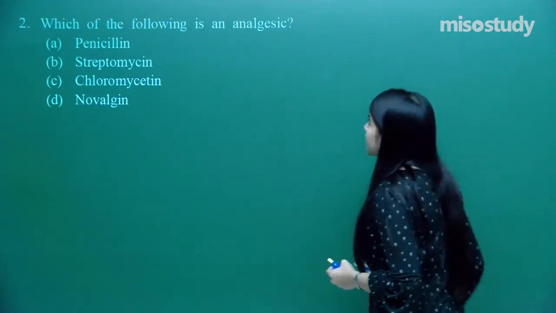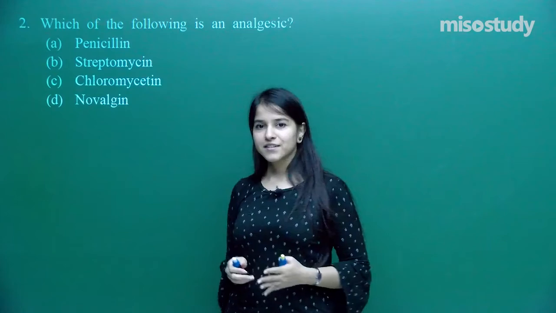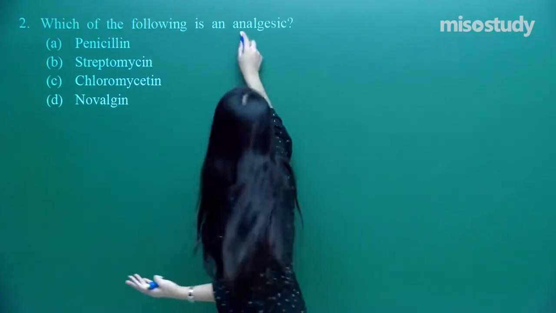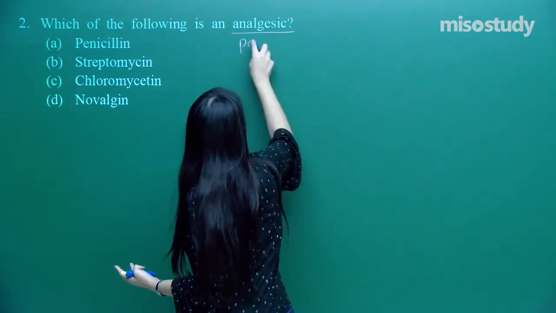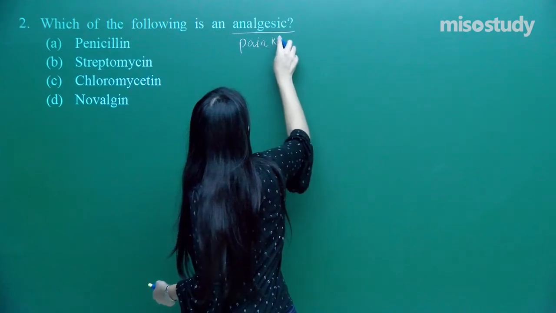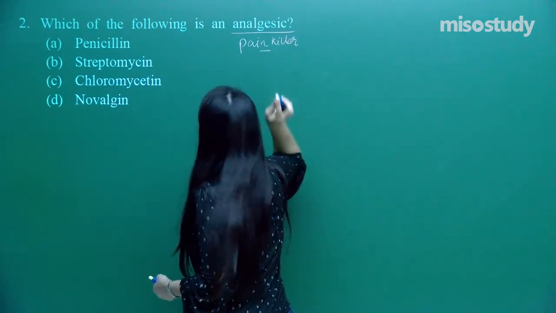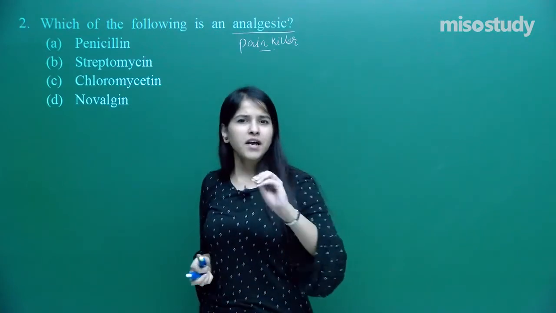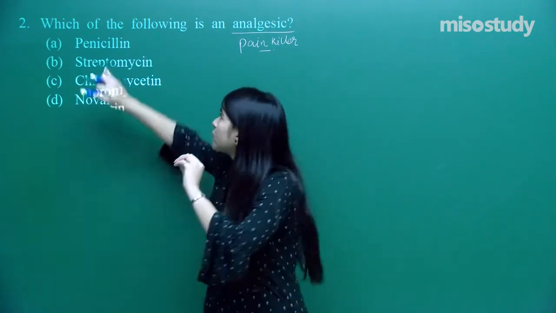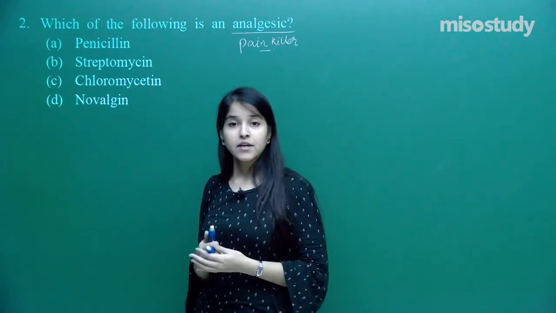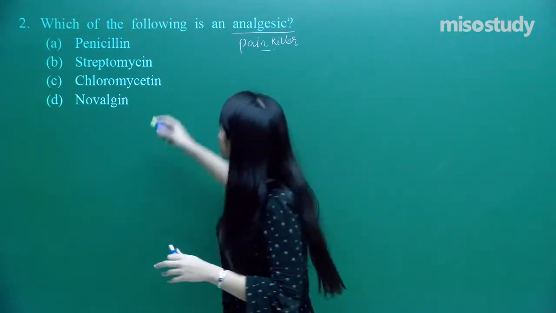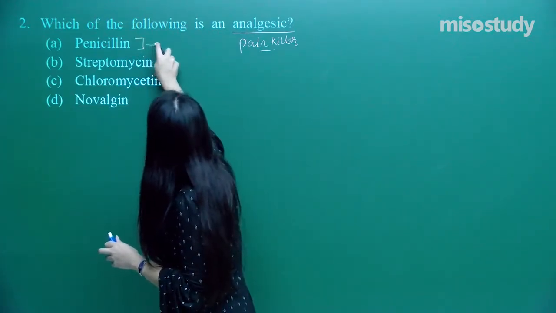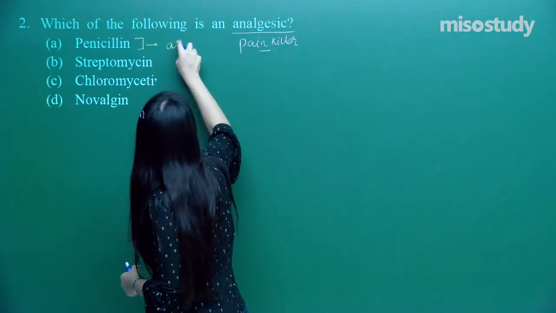So the next question says, which of the following is an analgesic? So what is analgesic? Analgesic is nothing but painkiller. And I've got the options. What is penicillin? So you must have recalled the concept. It was formed from the penicillium fungi actually. So that is nothing but an antibiotic.